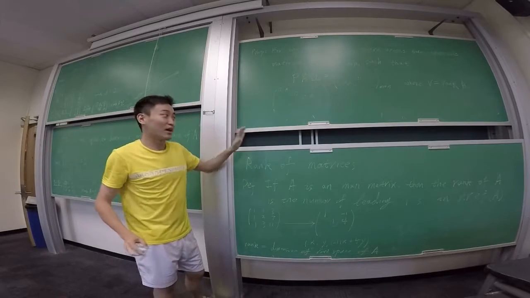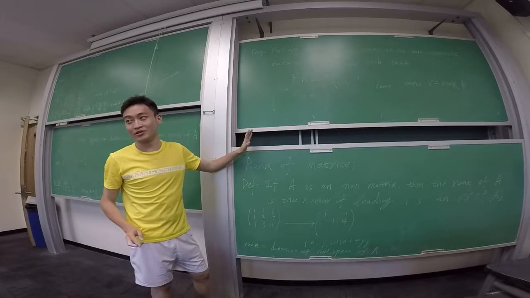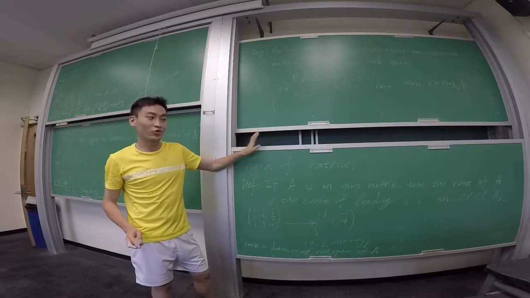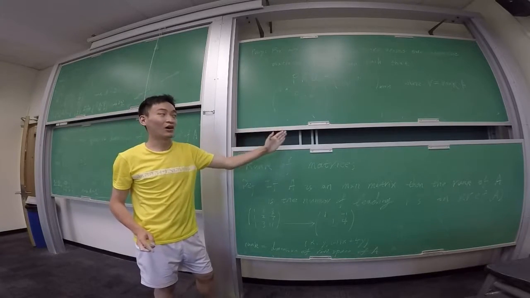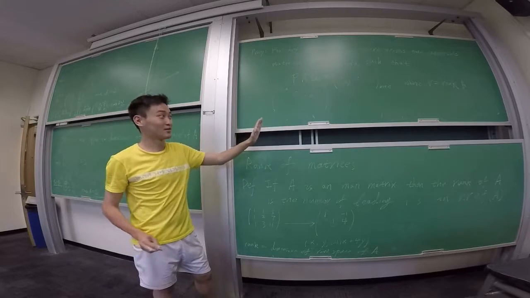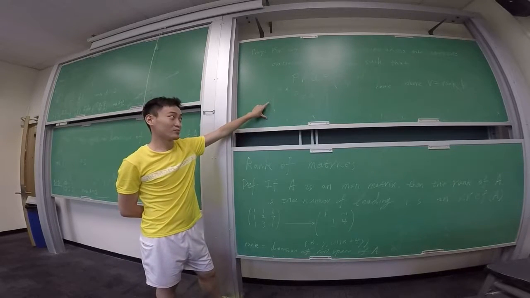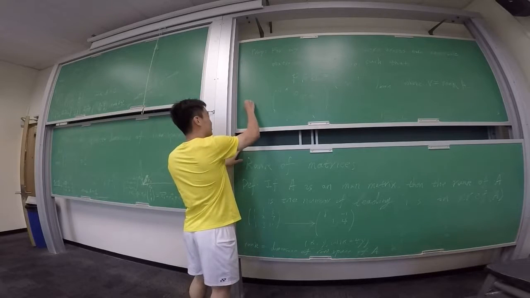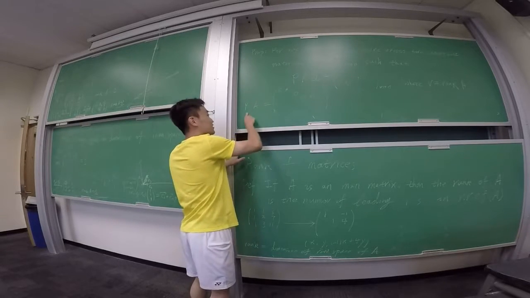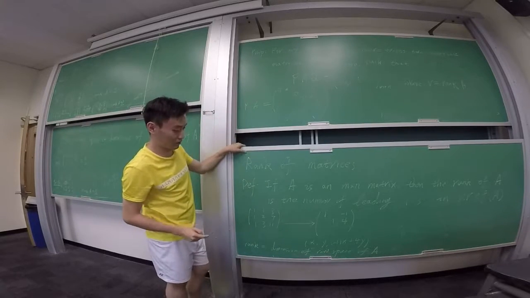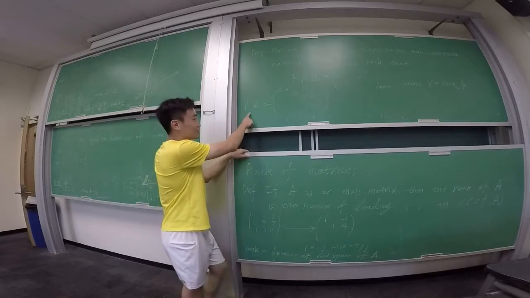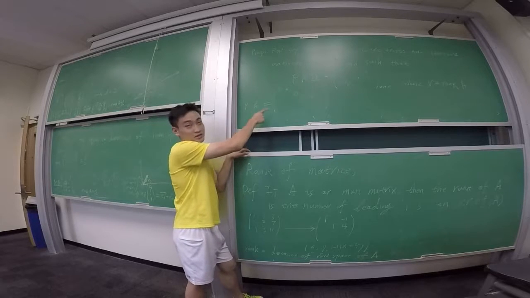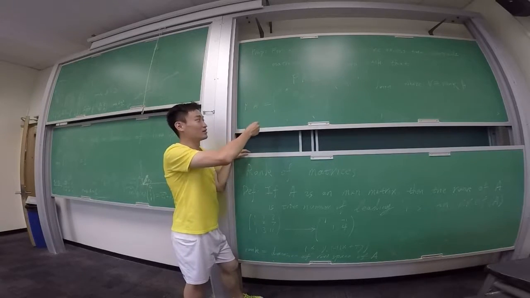And now, if you are allowed to do column transformations, then you are able to switch columns. And you are also able to use the columns to clean up all the other dirty stuff. Like if you have the reduced row echelon form right over here, which is already PA. So P is a matrix such that PA is a reduced row echelon form. And then you can continue.